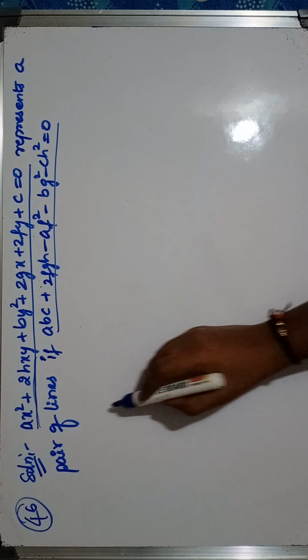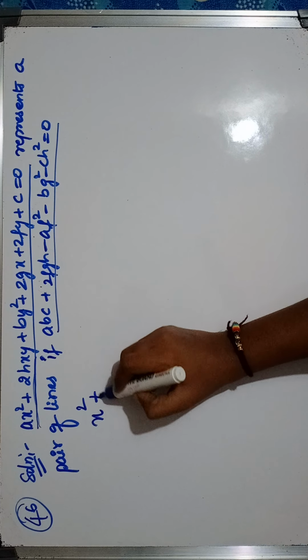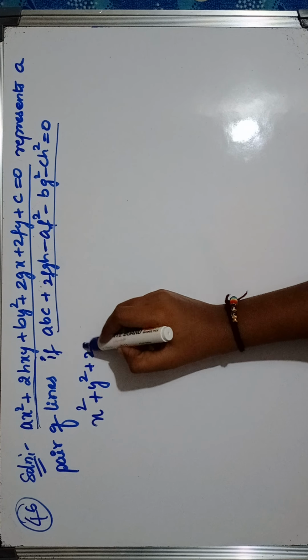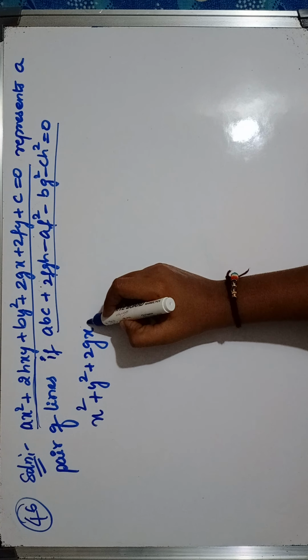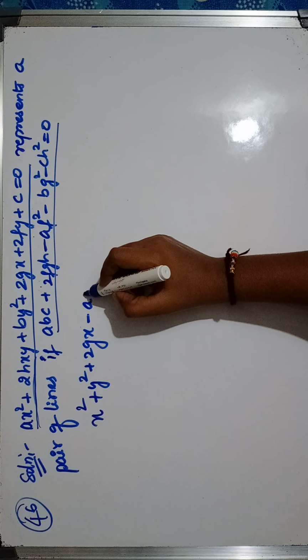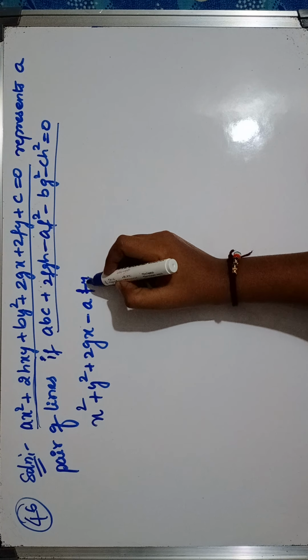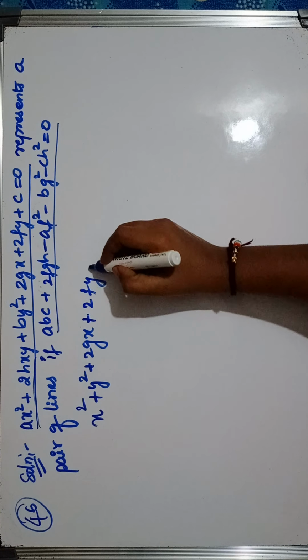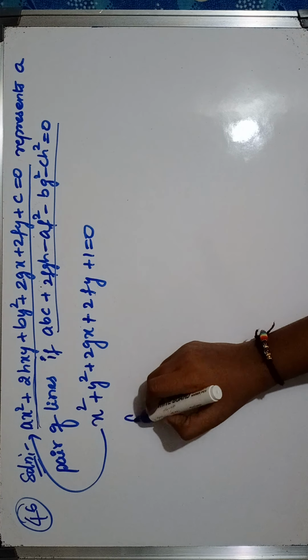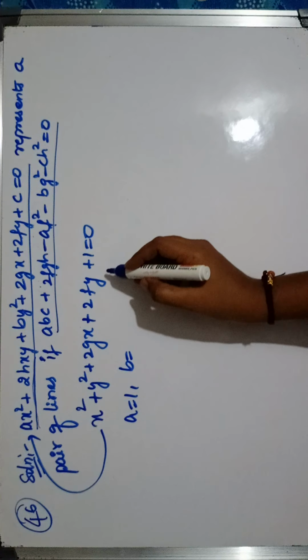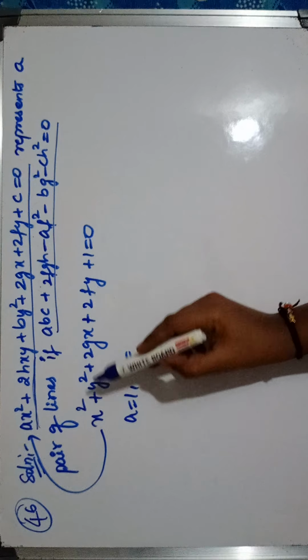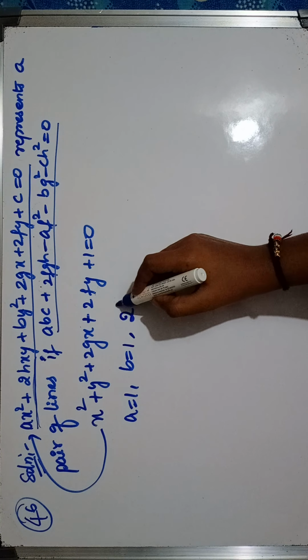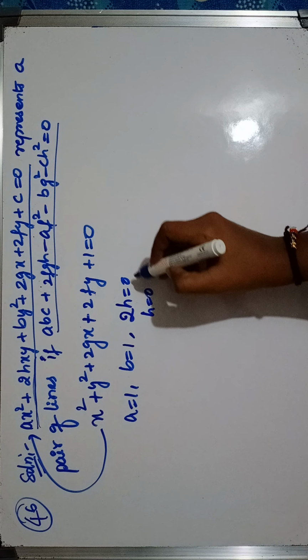Okay, so now look at the given equation of straight line. x square plus y square plus 2gx plus 2fy plus 1 equal to 0. So compare this with the standard form. Here a is equal to 1, b is equal to the coefficient of y square, which is 1, and we don't have a 2hxy term, so therefore 2h is equal to 0, therefore h is equal to 0.